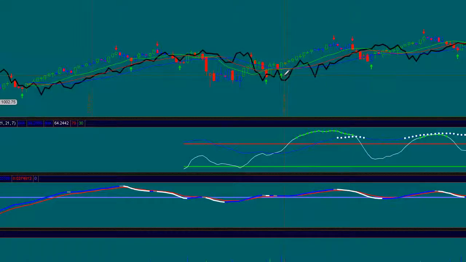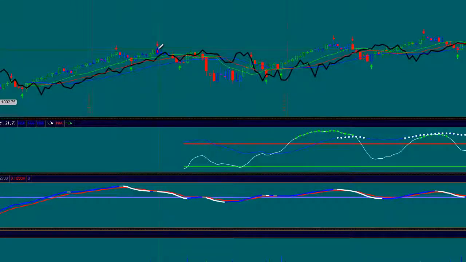But what a fractal is: when you have a bar, it counts 5 bars, and it's always looking at 5 bars at any given point in time, and fractals can't overlap. You're going to look for a bar where the low is offset on the right by the next two bars being higher, and to the left, those two bars are also higher. So as long as the middle bar of the 5-bar series is the lowest, that's going to be a fractal buy, and the opposite is true of a fractal sell.